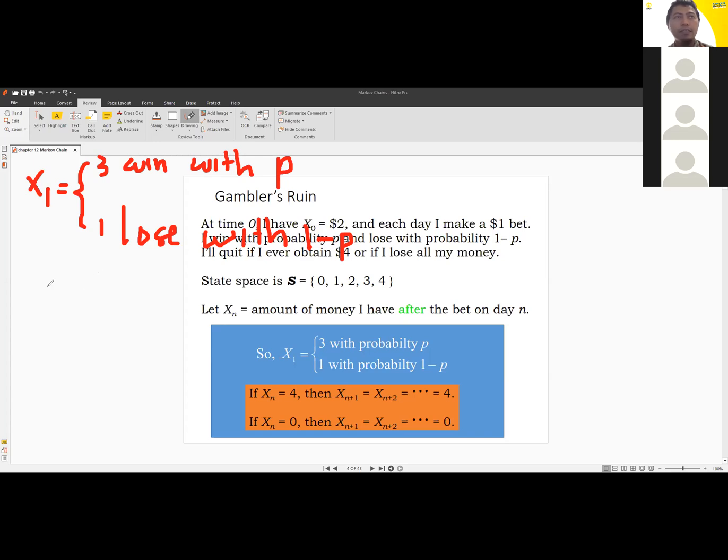And then if xn equals 4, then xn plus 1 equals xn plus 2 equals 4.